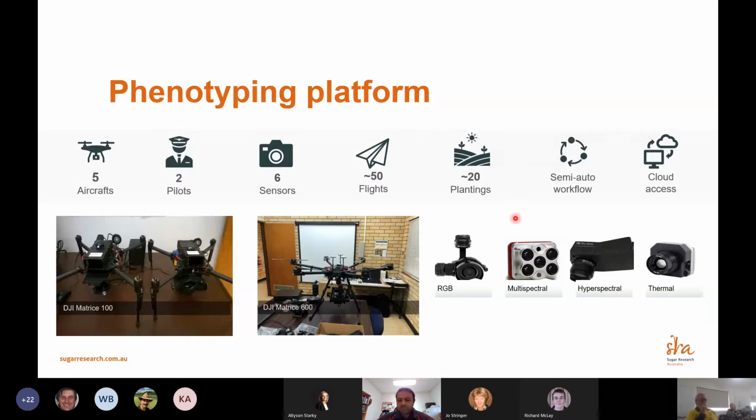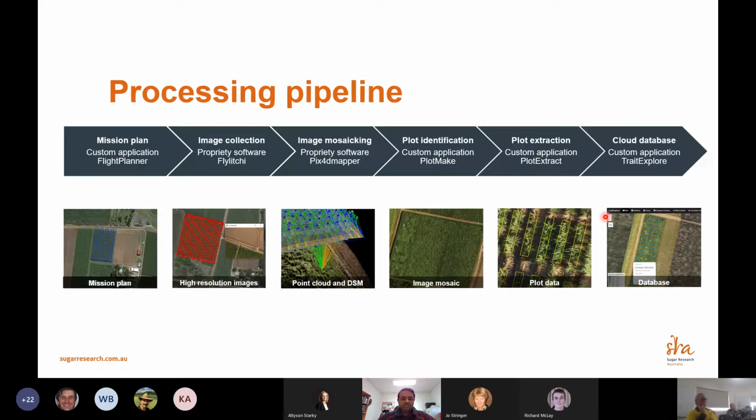Now, all of our workflow is semi-automated, which means with just a few clicks of the buttons, we can have the outputs generated quite easily, and all of the data is in a cloud-based application, so that the breeders can use it at any time. To give you an idea of the processing pipeline that's being used here, it's quite general across all phenotyping applications.